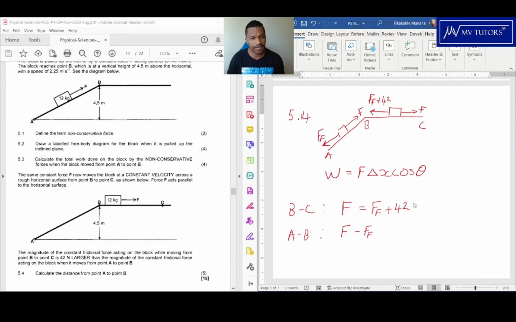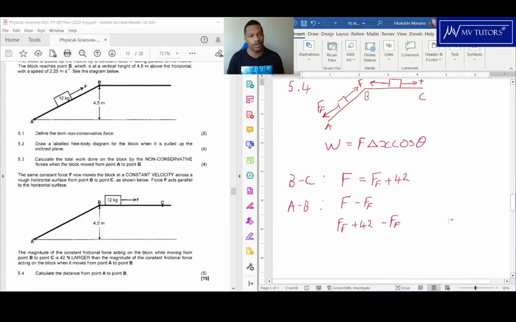So instead of F, we'll put the friction force plus 42 minus the friction force again. So that's from point A to B in terms of forces. You can clearly see that they are opposing each other.